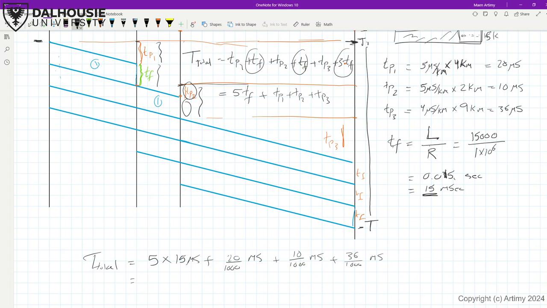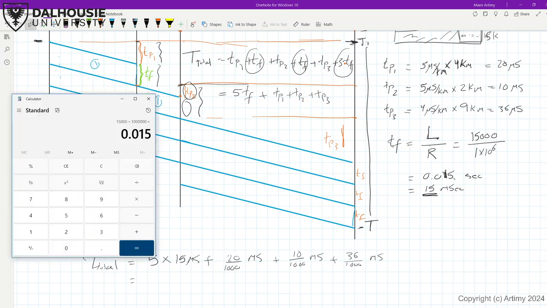All right, quick calculations here. Let me do it again. This is 5 multiplied by 15. That's 75 milliseconds plus 0.02 plus 0.01 plus 0.036.